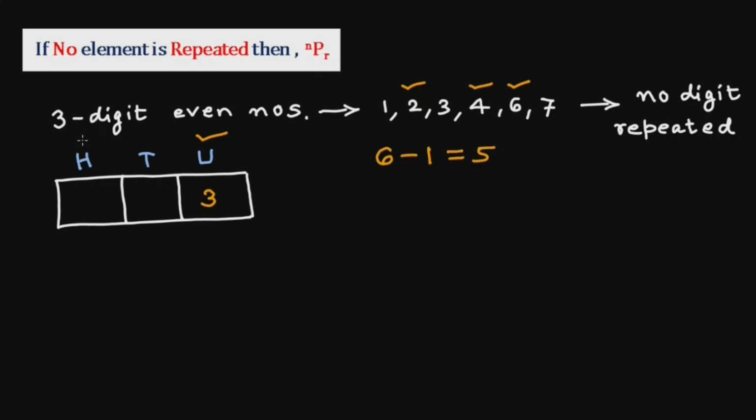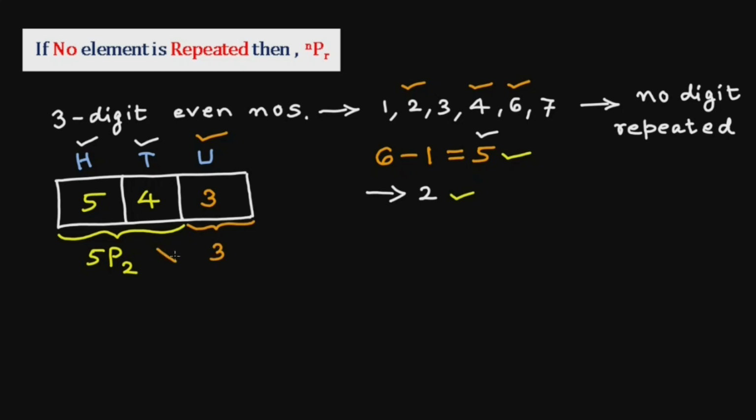We have to fill the 100s and 10s place, that is 2 places, using these 5 digits. So the 100s place can be filled in 5 different ways, and the 10s place in 5 minus 1, that is 4 different ways. So in short, these 2 places will be filled in 5P2 ways, and this units place in 3 different ways.